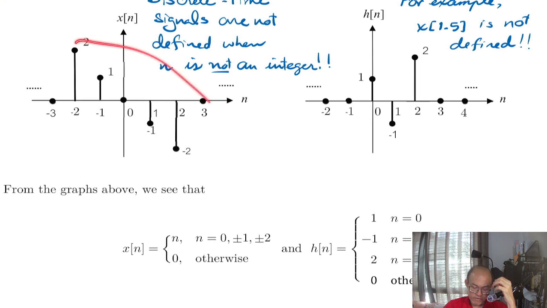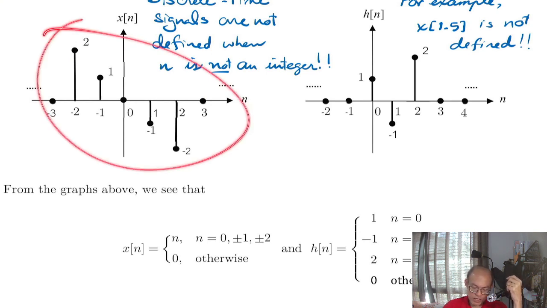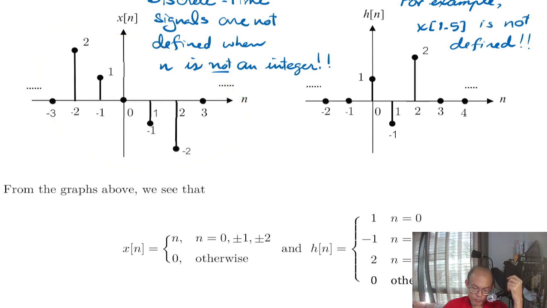So from the graph here, we can see that we can actually define discrete time signals in an algebraic form. For example, here in this case, you see x of n would have to be equal to n. Actually, it has to be minus n, right? Minus n. So I should erase this, change it to minus n. There's a typo.